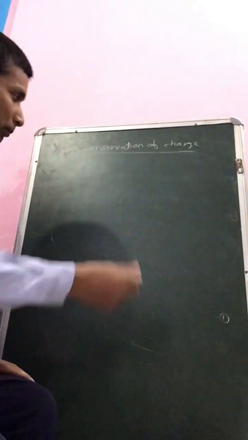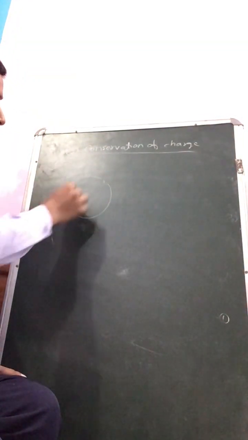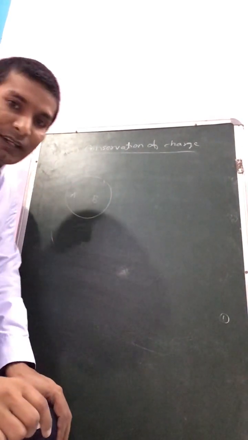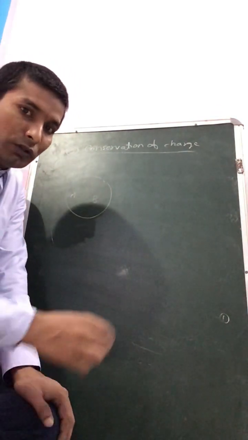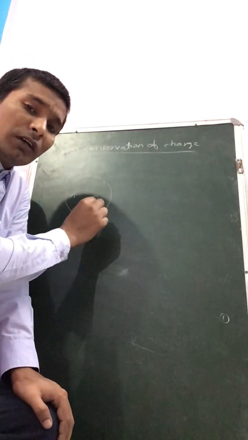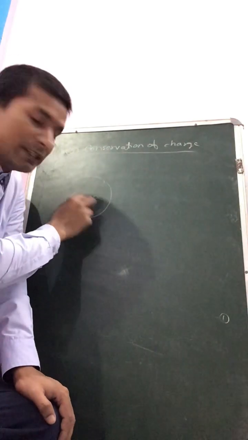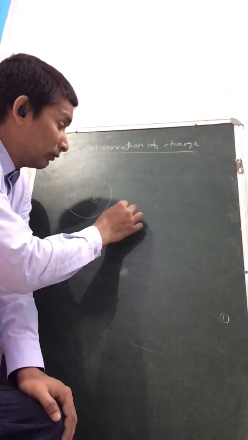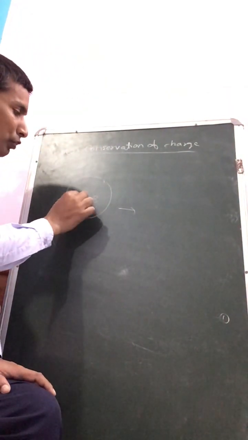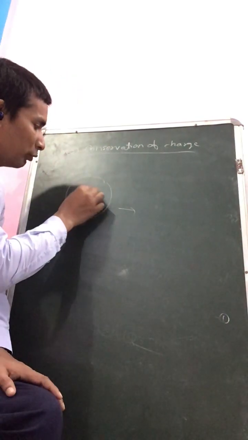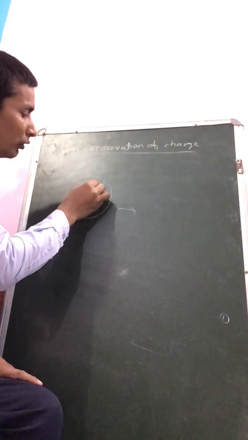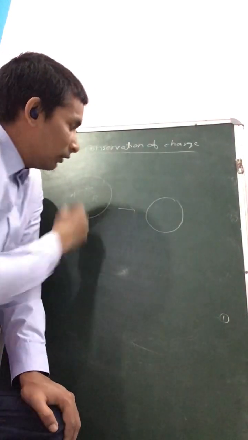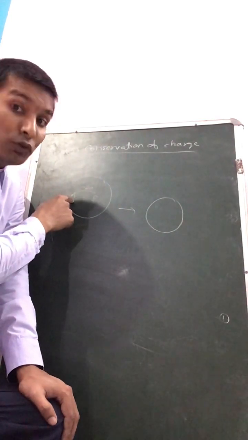Okay, so suppose this system has two objects A and B, so the net charge remains the same. Suppose it is chargeless, so it will always remain chargeless. But in case we transfer some electrons from A to B, suppose we transfer 2 electrons from A to B, so A is losing the electrons, right?